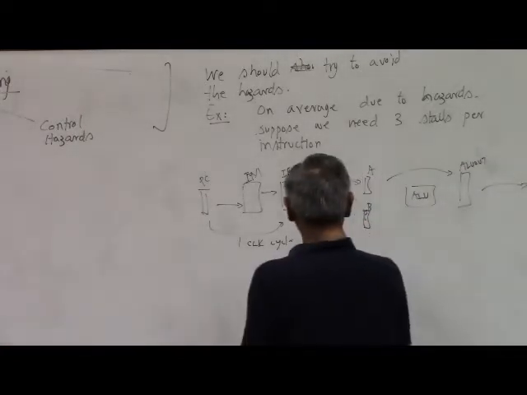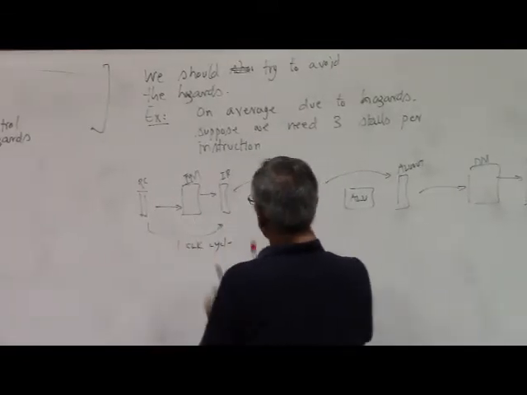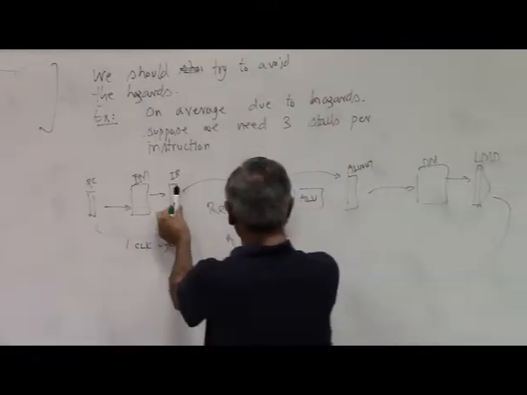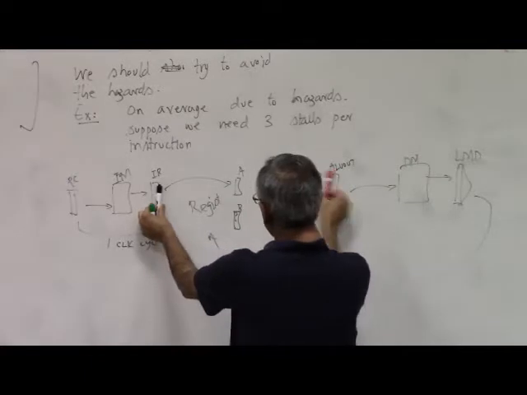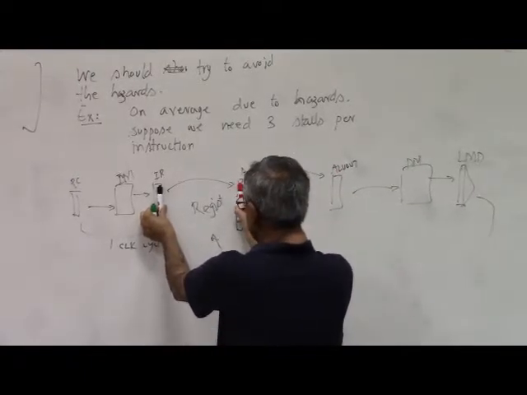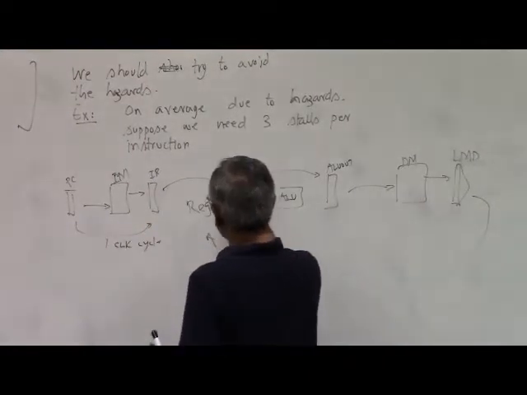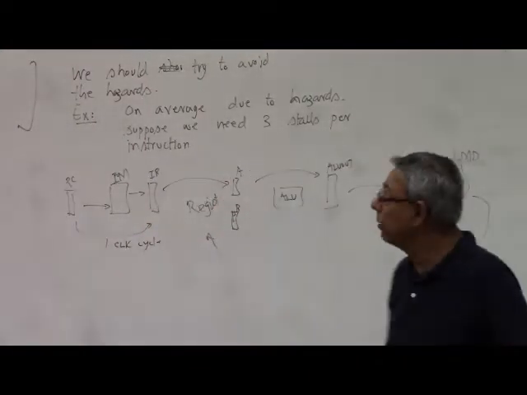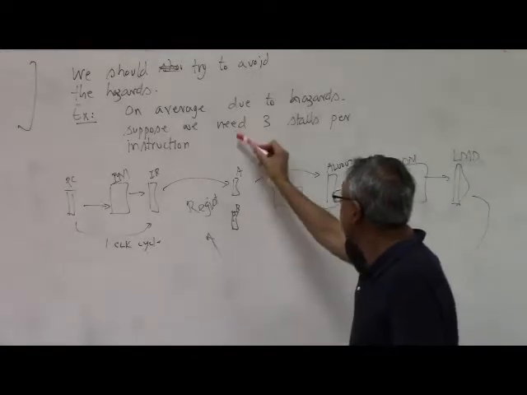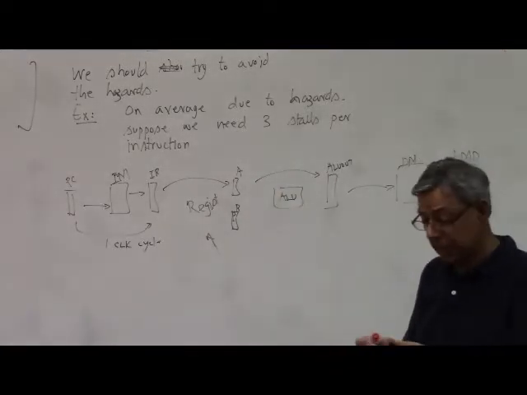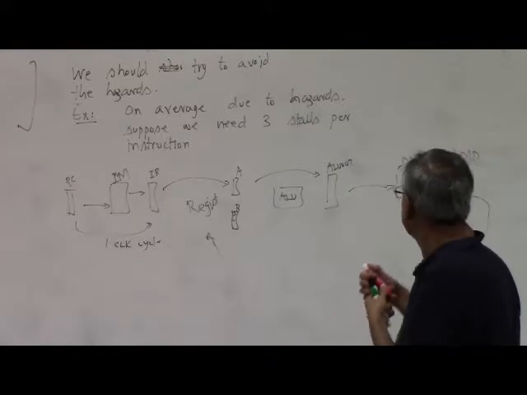Stall was basically if there's a dependency or a problem, then the instruction does not move forward, it just stays right there, right? So if we are staying in the same place for 3 clock cycles, let's pretend on average this is what happens. Then what does it do to the performance?